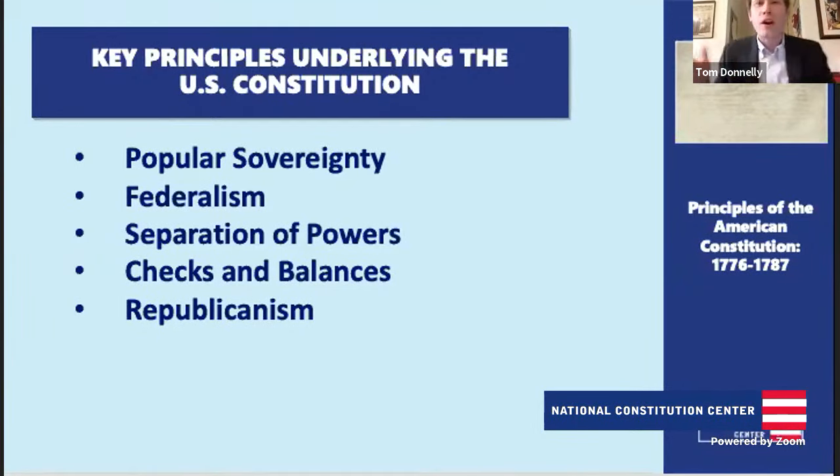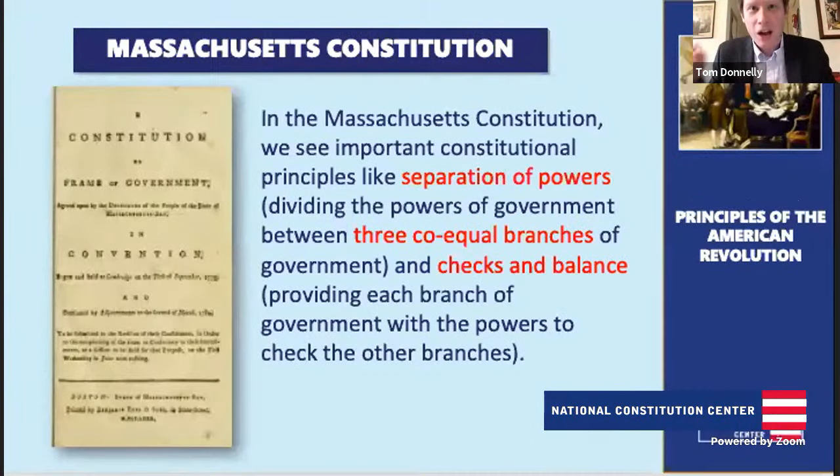Absolutely. So the most important thing about the Massachusetts Constitution, remember, is it created a powerful and independent governor. And so this was different than other state constitutions at the time. The two big things there with the governor was that the governor was elected by the voters. So the governor was not selected by the state legislature, as was the case in nearly every other state constitution.